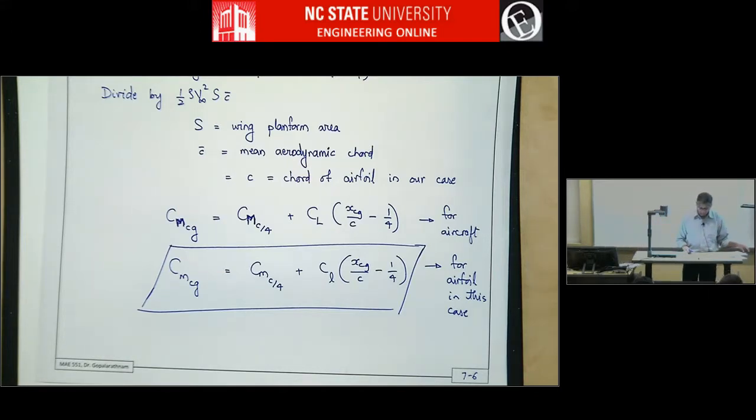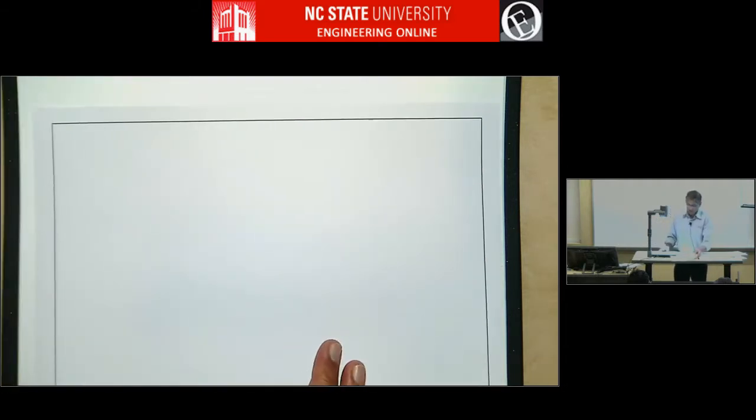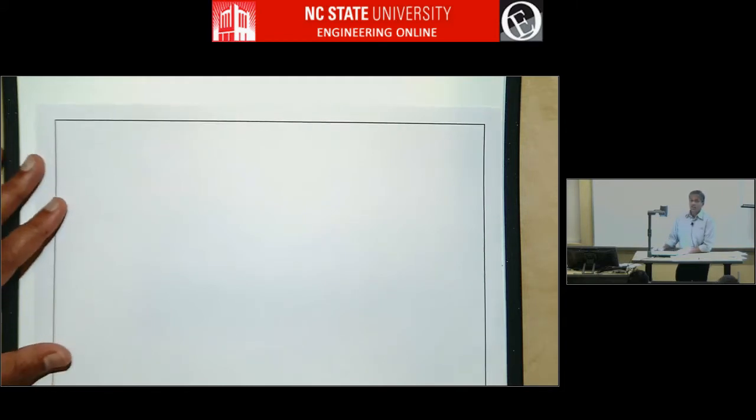The two conditions are stability and equilibrium. So let's take stability first because it helps us simplify the equation, and then we'll go satisfy equilibrium.